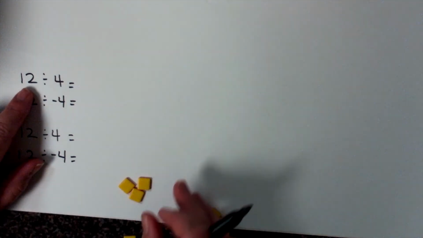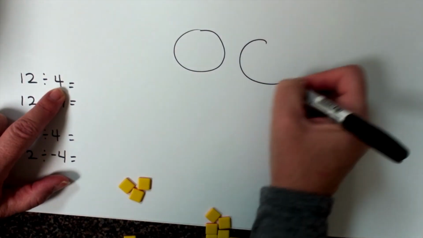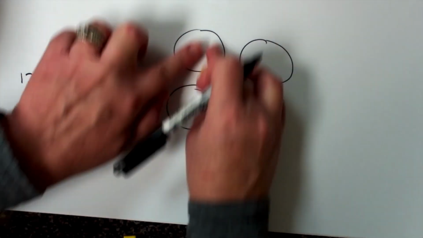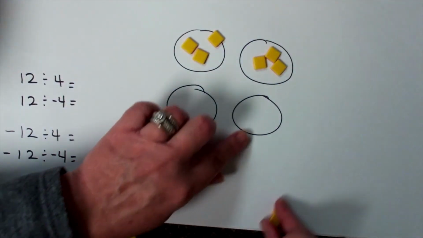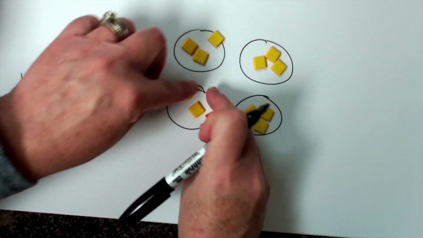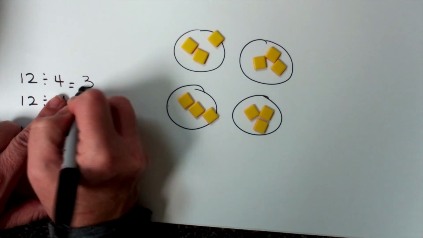So in this case, it's 12 divided by 4 into 4 groups. So we do that fair share again. That group gets 3, that group gets 3, that group gets 3. This group gets 3, so how many is in each group? Well, in this case, it's +3.